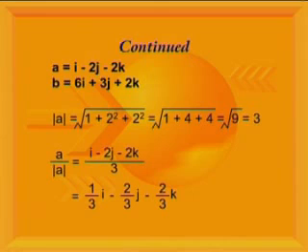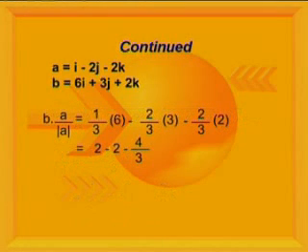We have discussed that the scalar component will be equal to B dot this unit vector, which will give us 6 into 1 by 3 plus 3 into minus 2 by 3 plus 2 into minus 2 by 3, which is equal to 2 minus 2 minus 4 by 3, which is equal to minus 4 by 3.